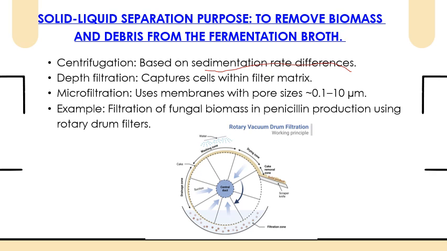We have microfiltration, which uses membranes with a pore size of 0.1 to 10 micrometers. We'll be explaining this in a short while. An example is the filtration of fungal biomass in penicillin production using the rotary drum filter.